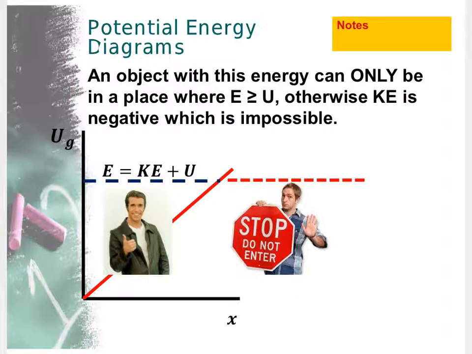Another neat feature about potential energy diagrams is that an object with this particular energy can only be in a place where the total energy is greater than the potential energy. If that's not the case, then in order to get the total energy, my kinetic energy would have to be negative, and that's impossible. So I can look at a potential energy diagram, and if I know the total energy of my particle or my object, then I know that it has to be somewhere between this displacement right here and that displacement right there.